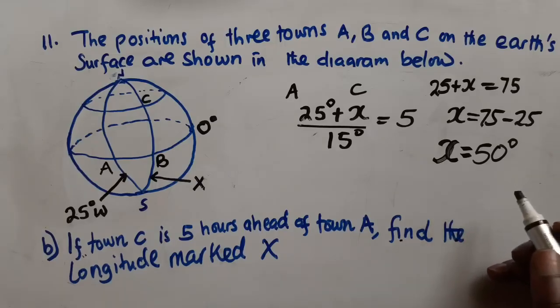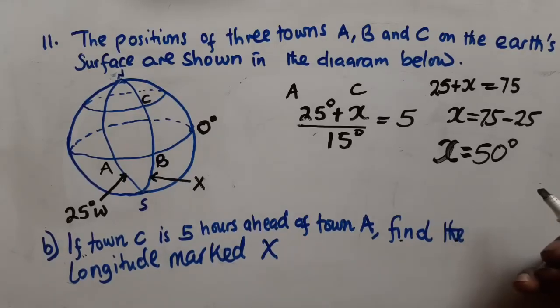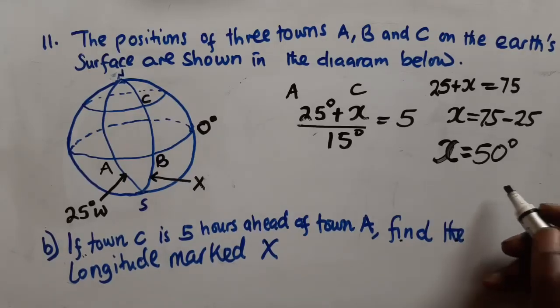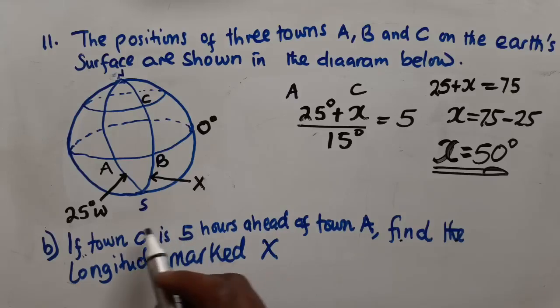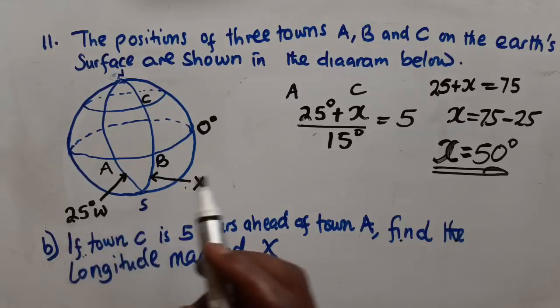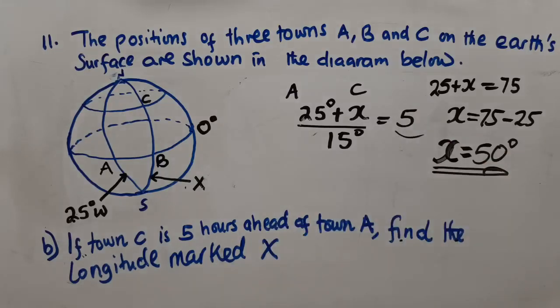This is going to be our answer. I hope you are following. So if you add this and that, you get 75. 75 divided by 15 gives 5. We go to the next question.